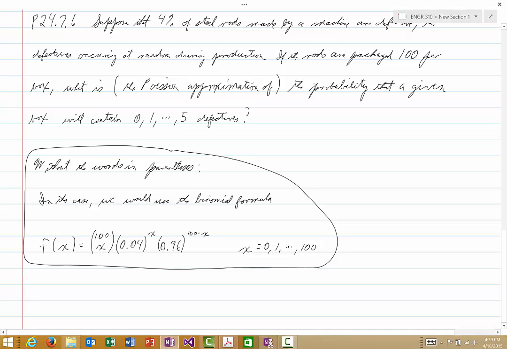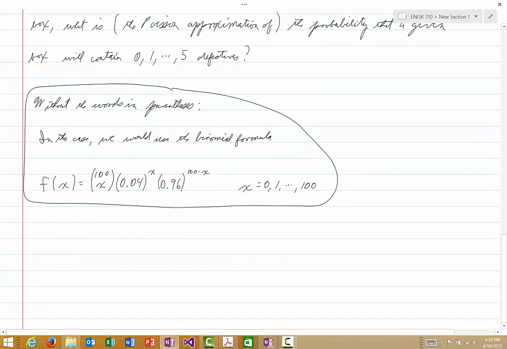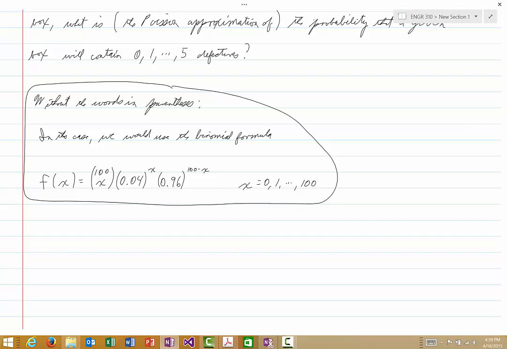But because of those numerical difficulties that we just mentioned, we do have as well the Poisson approximation, and let's learn about that a little bit.